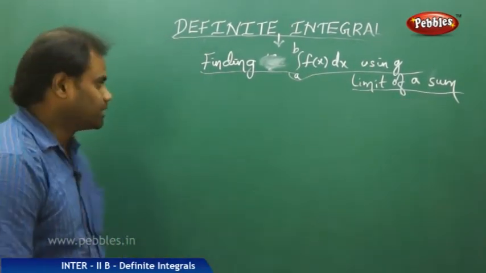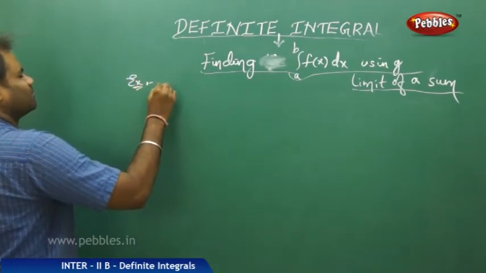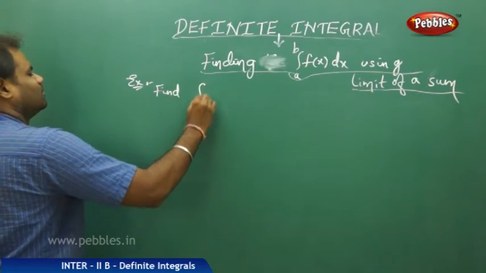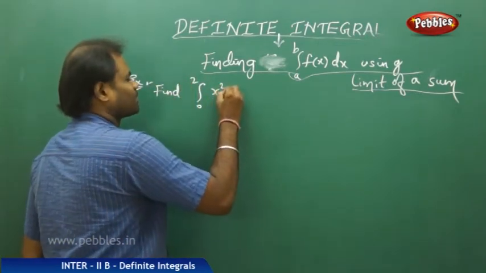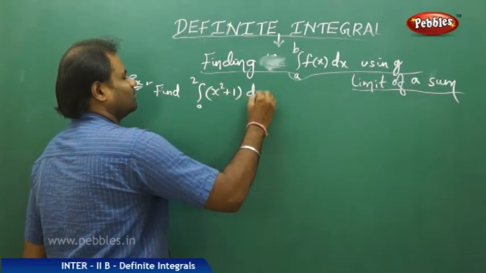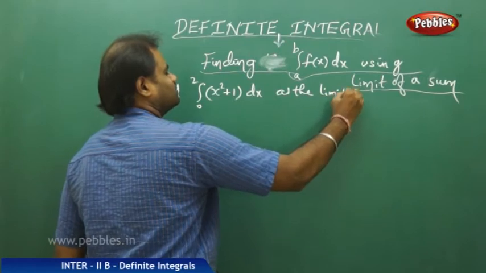Now let's take an example problem where I need to find the integral from 0 to 2 of x squared plus 1 dx as the limit of a sum.